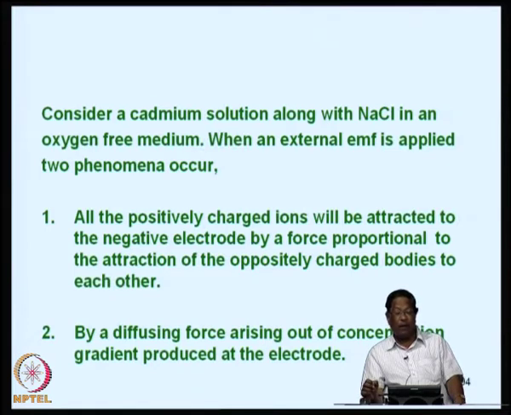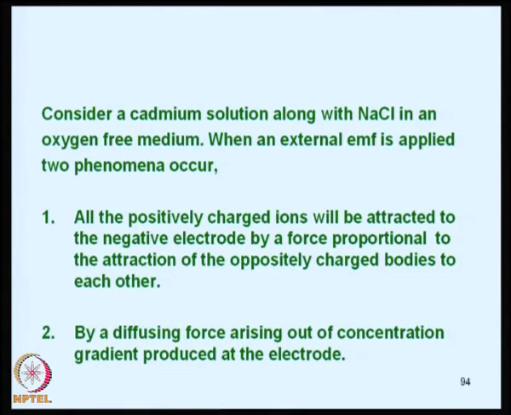operates arising out of the concentration gradient produced at the electrode. That means, because it is irreversible, the reactions will not be taking place at the electrode until the only reducible species, cadmium, reaches the electrode, and because the cations and anions are not reduced, they remain near the electrode, forming a sheath of a resisting force, a concentration through which cadmium has to migrate to the electrode to reach the electrode and get reduced.